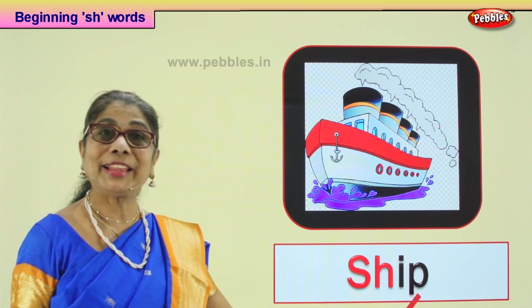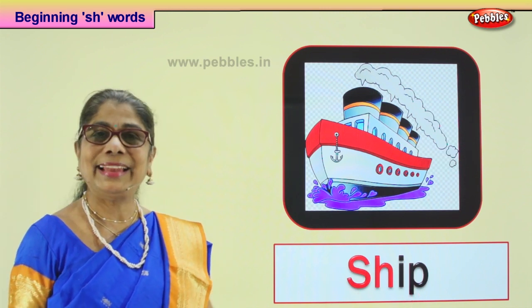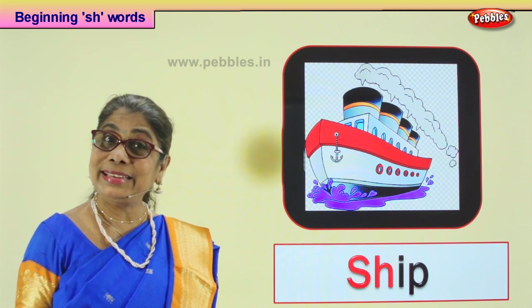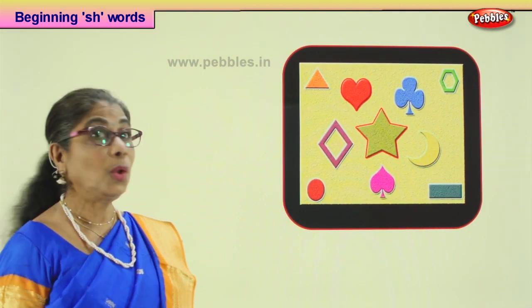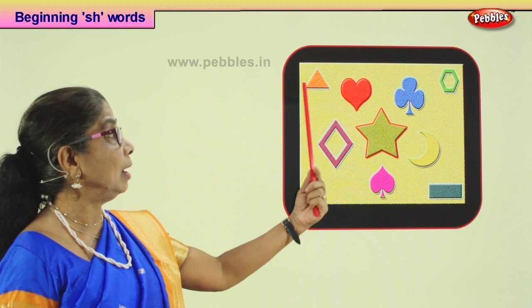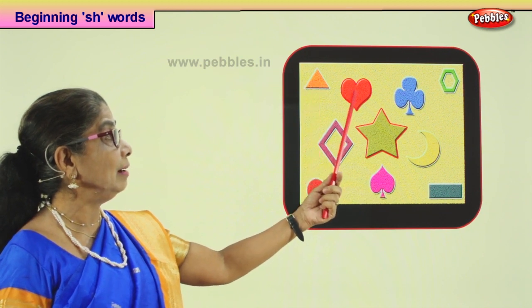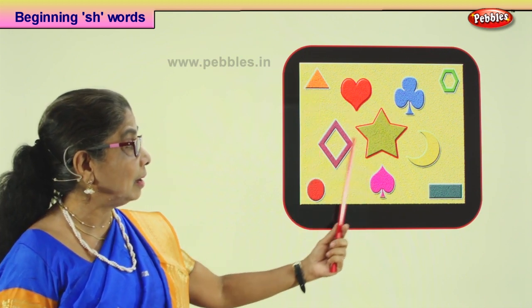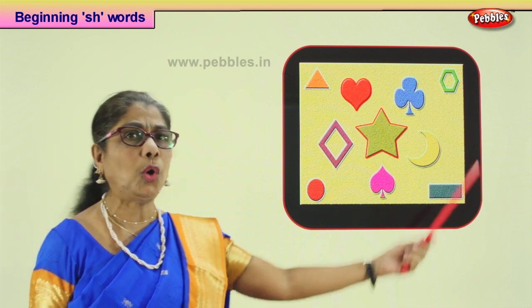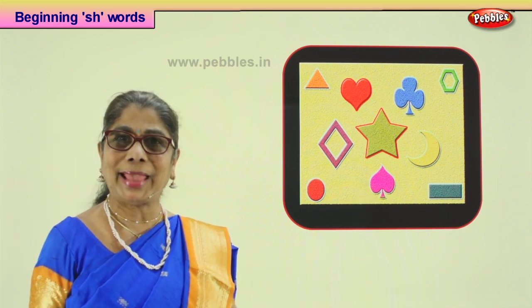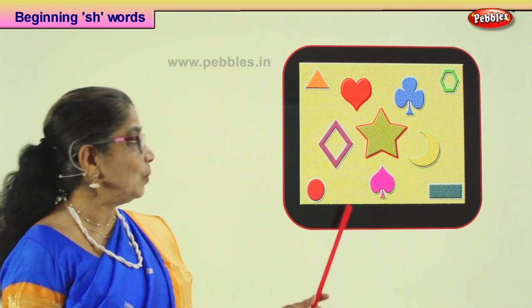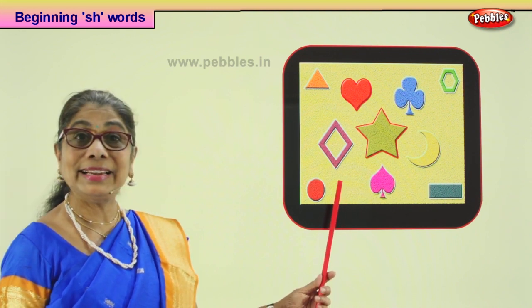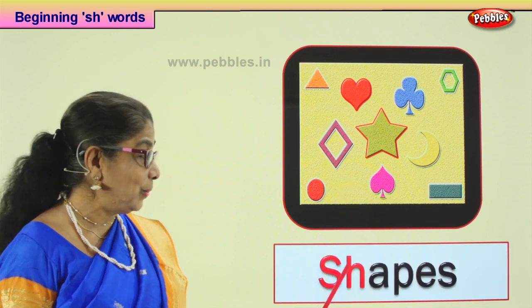Ship. Good. Let's look at our next exercise. Look at the picture. What do we have here? All kinds of triangle, heart, star, diamond, all. What do we call all these together? Shapes. Very good.